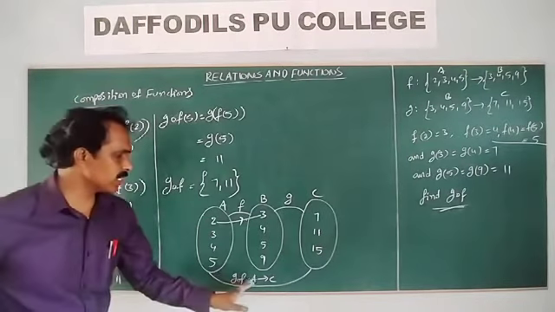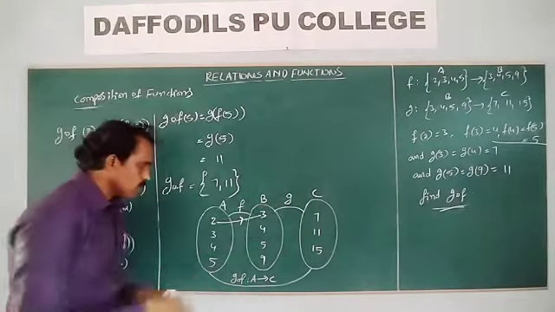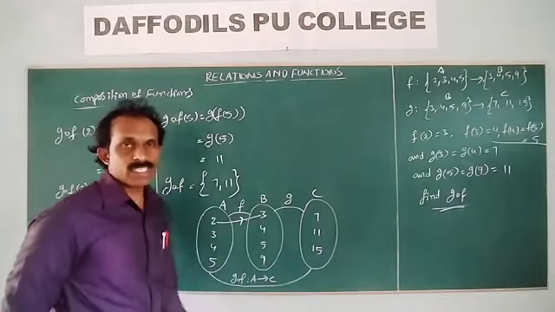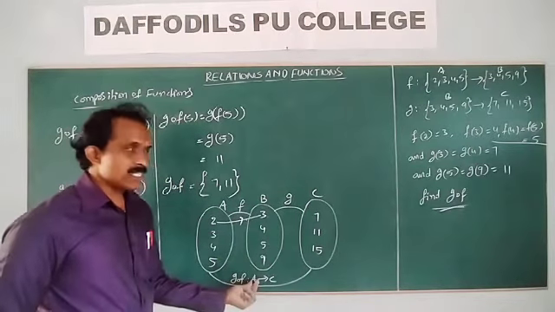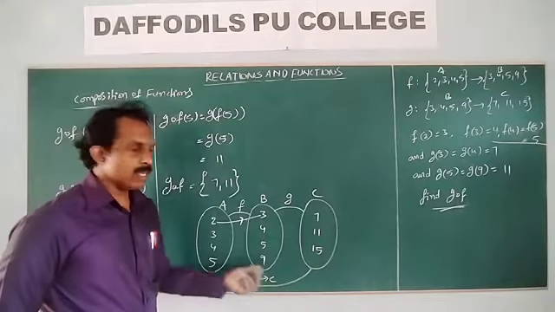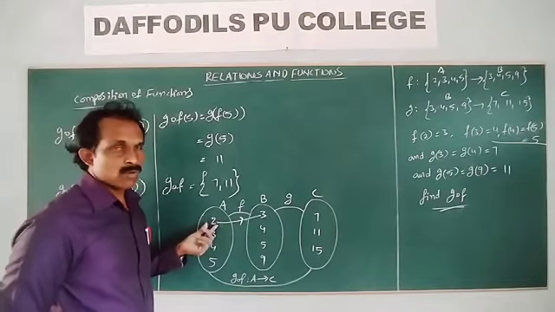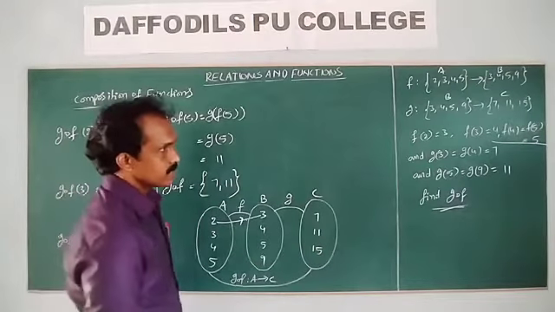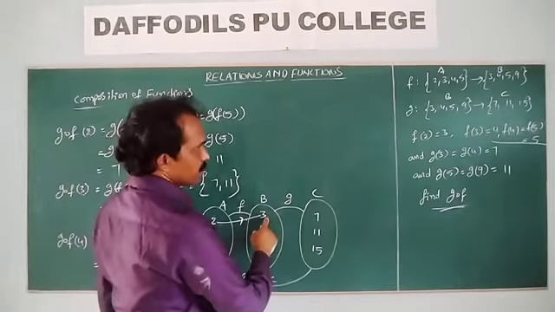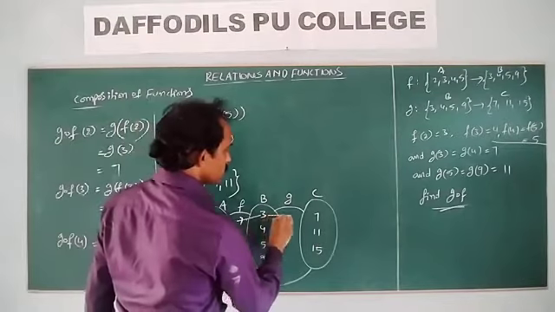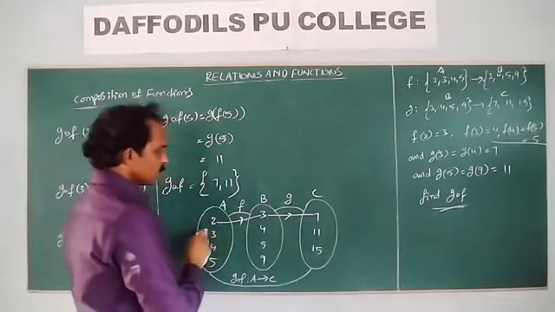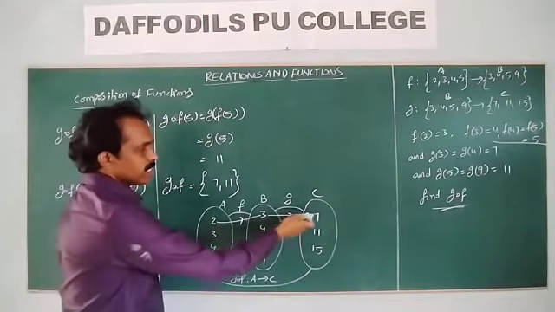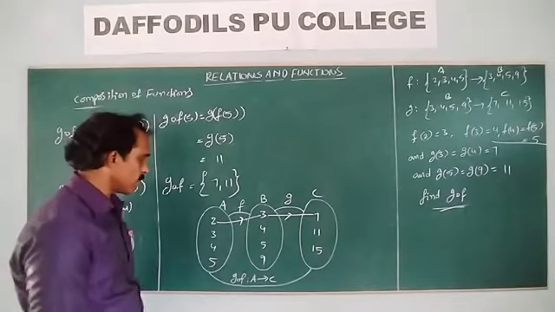So G circle F is A to C, where A is the domain and C is the codomain. G of F of 2 image is which one? From this, G of 3 value is 7. Clear? So G circle F of 2 image value is equal to 7.